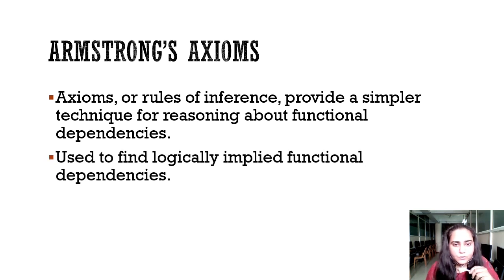They are used to find logically implied functional dependencies. Sometimes when you're given a set of functional dependencies, using that set you can find out other functional dependencies, and so you can remove some of the dependencies which are already given to you.